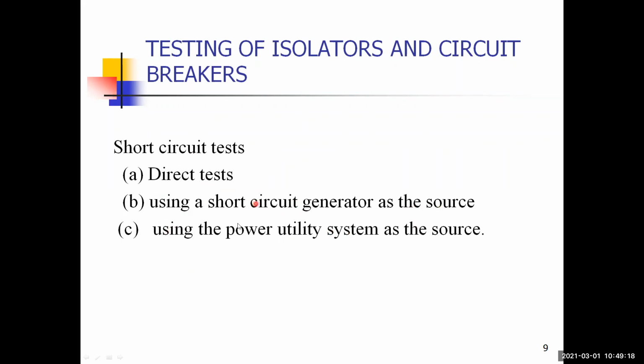By taking the two sources, we check the circuit breakers and isolators. By applying this much current or voltage externally, we generate this much short circuit current, and check whether the circuit breakers and isolators operate properly or not.